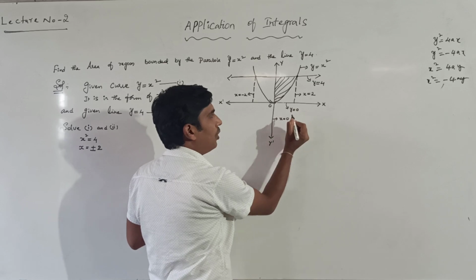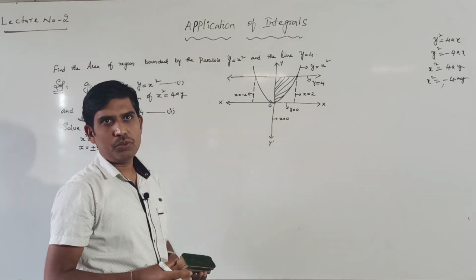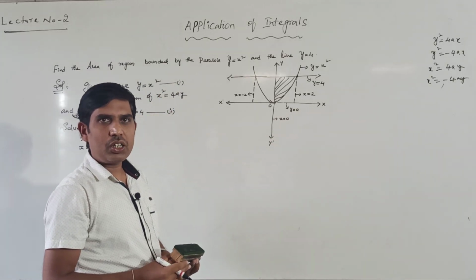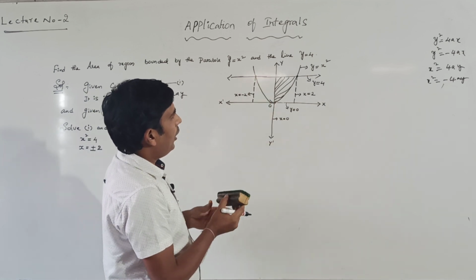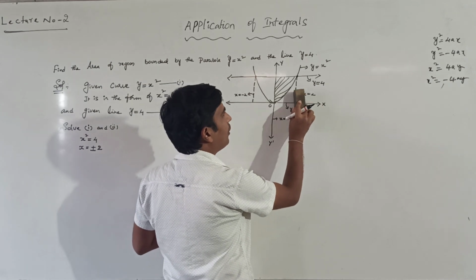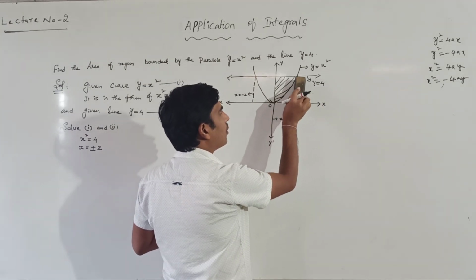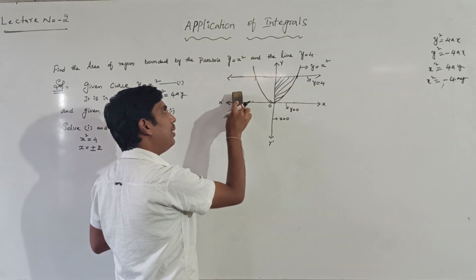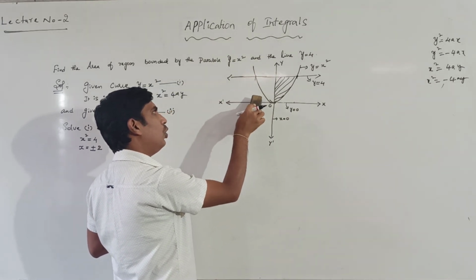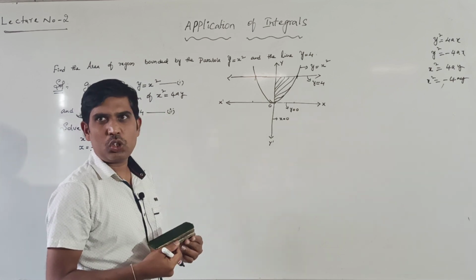Nothing but y is equal to 0. y is equal to 0. So now see here, the y limits we are taking, right? So no need to solve for the x limits.